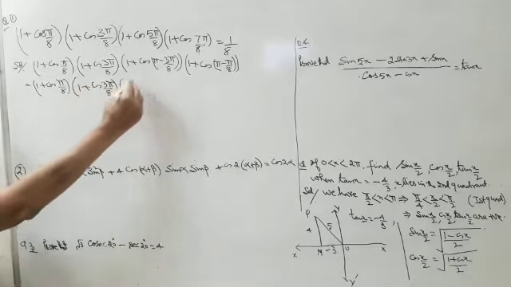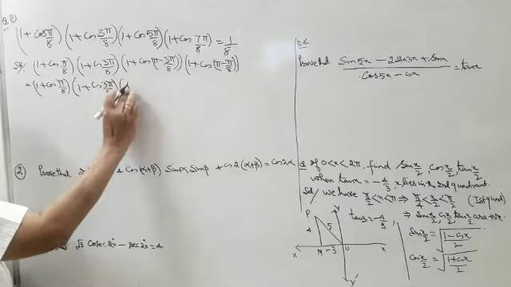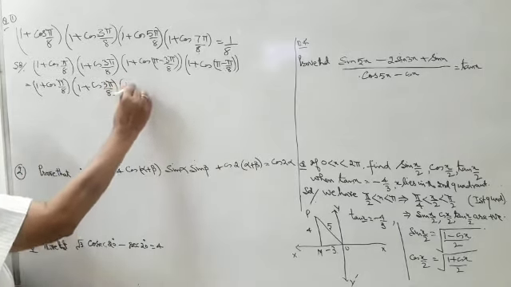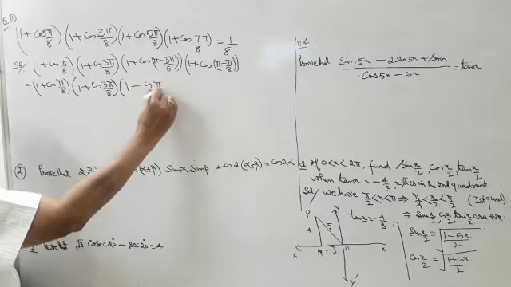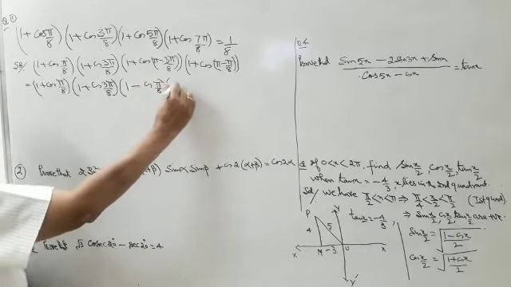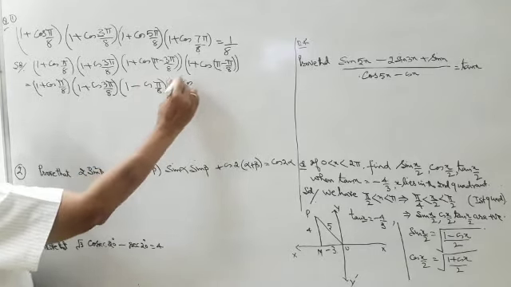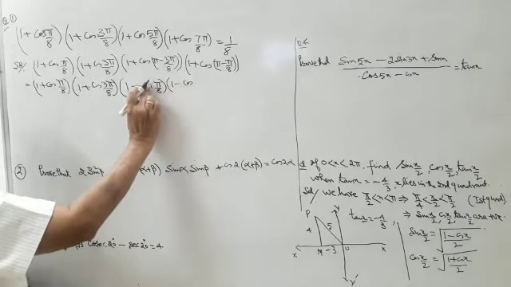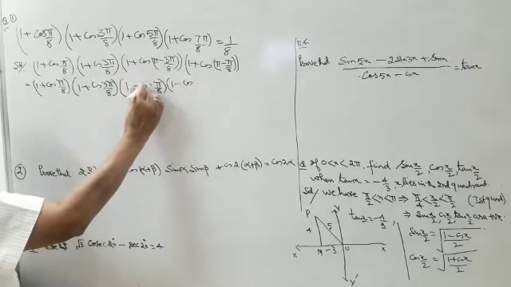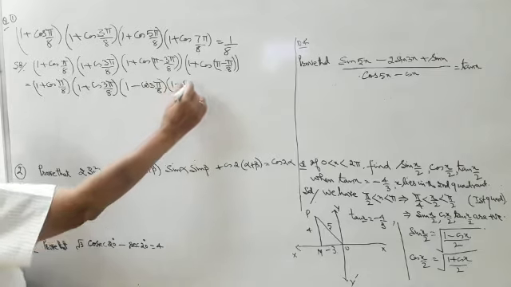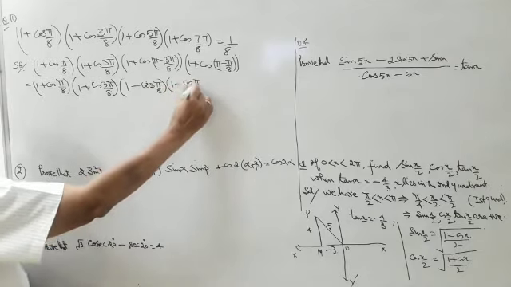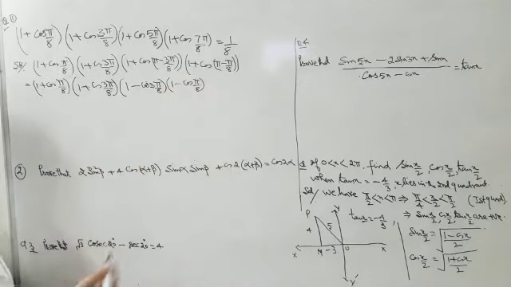Here cos of 180 minus theta is minus cos theta, so it is 1 minus cos pi by 8 and 1 minus cos 3 pi by 8. This is 1 minus cos 3 pi by 8, and this is 1 minus cos pi by 8. This much.